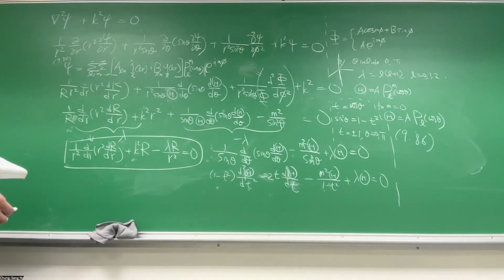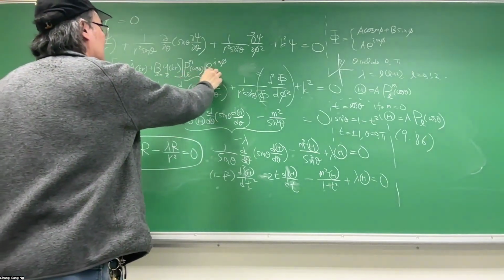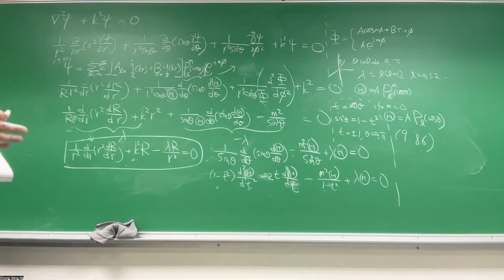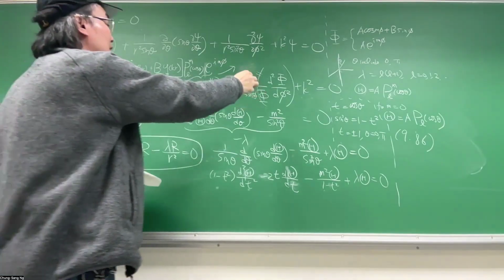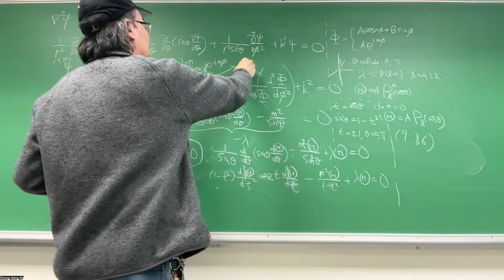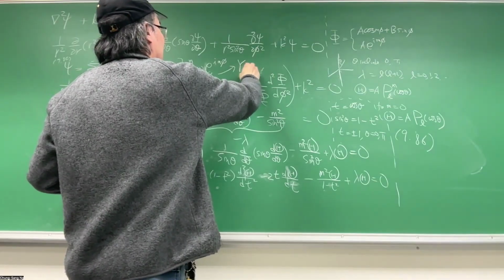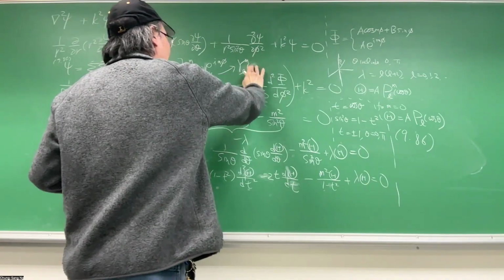And one more notation is that sometimes people will combine these two factors with some normalization constant. You can absorb the normalization into this coefficient, but then you can write this combined term as what we call spherical harmonics, Y_lm, which depends on theta and phi.